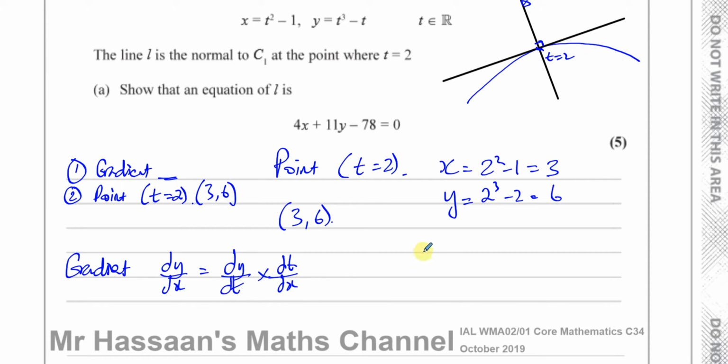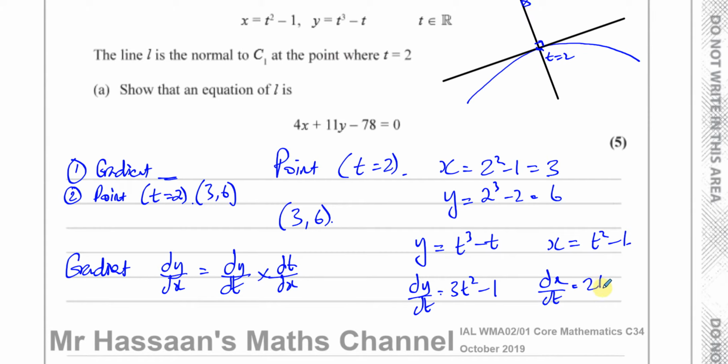So first of all, I've got to find what dy/dt is and what dx/dt is. I know y equals t cubed minus t, so dy/dt is going to be 3t squared minus 1. I know x is equal to t squared minus 1, so dx/dt is 2t.